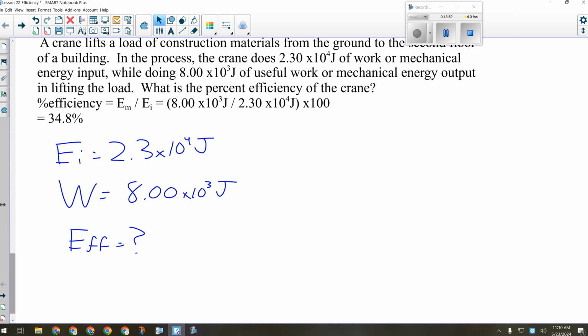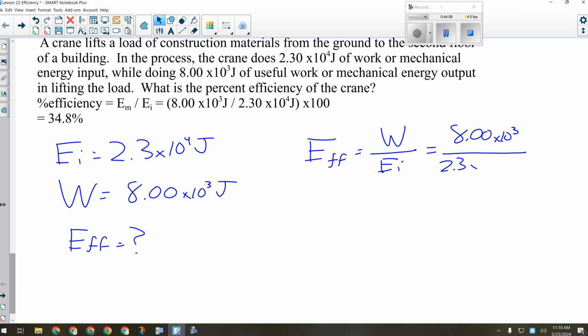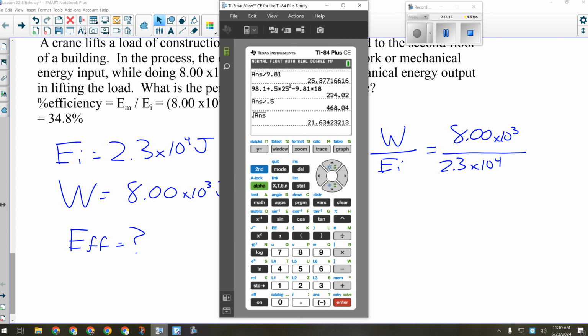Okay? Well, the efficiency formula, and this one is on your formula sheet, okay, is useful work divided by energy input. 8.00 times 10 to the 3 divided by 2.3 times 10 to the 4. Okay? And like I said, you guys can punch those numbers into your calculator.